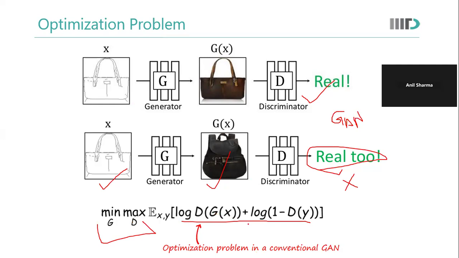You can say that this is an adversarial loss. We have discussed this in the first or second lecture. If you want to see how this is formulated, you can go to that lecture and see how this is done. But this is for a conventional GAN.